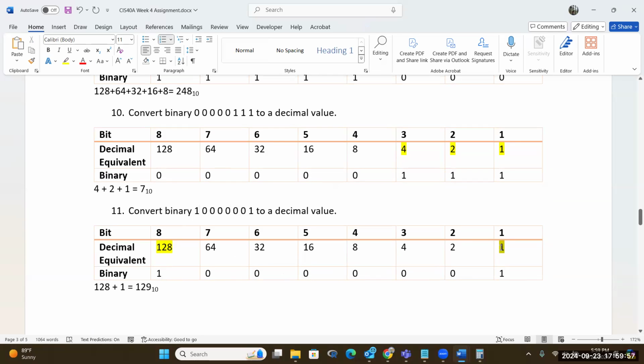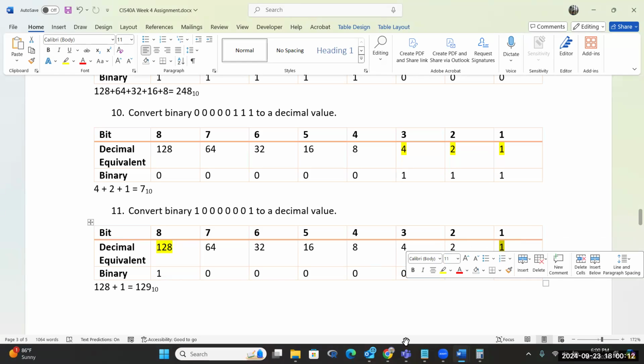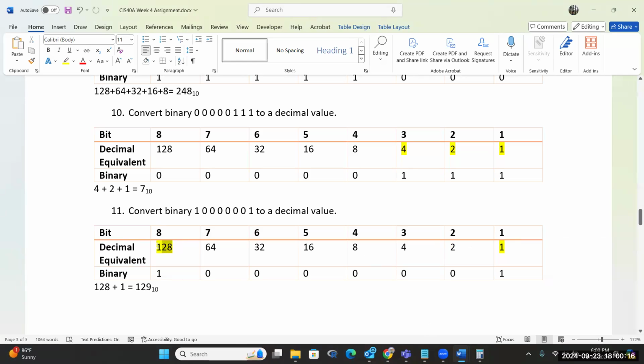My first bit that's on is the least significant bit, your LSB. And my most significant bit in a byte is bit 8. So 1 is the decimal equivalent for the least significant bit. 128 is the decimal equivalent for the most significant bit. So 1 plus 128 gives you 129. Very simple.